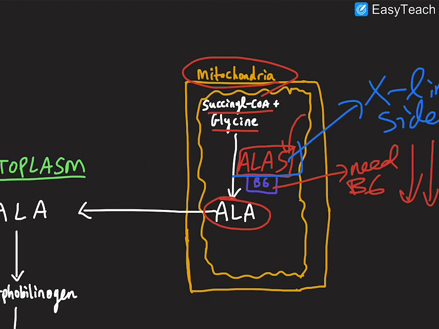So aminolevulinic acid synthase needs B6 to function. It takes succinyl-CoA and glycine and makes aminolevulinic acid. If it is dysfunctional, you get X-linked sideroblastic anemia.